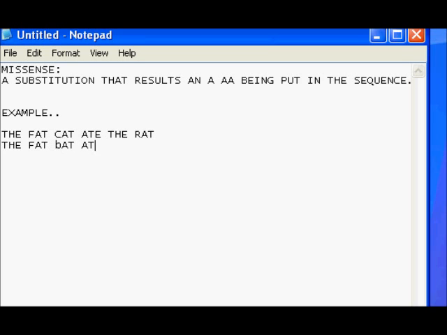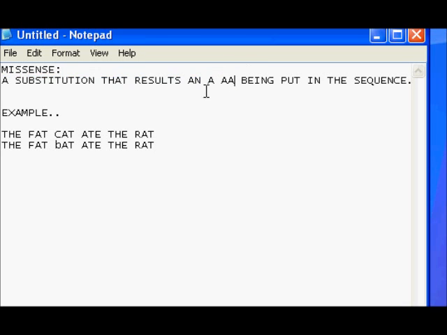You can see this highlighted B gets changed, and that's the substitution, the amino acid being put in. So missense is a substitution that results in an amino acid being put in the sequence. This stands for amino acid, double A. You can see the B changed.